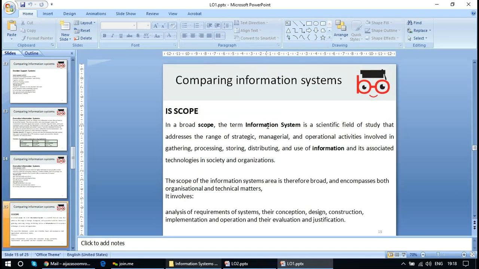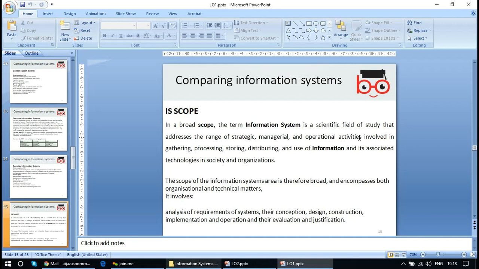And then the scope of a particular information system is basically that it deals with and addresses the range of strategic, managerial, and operational activities.